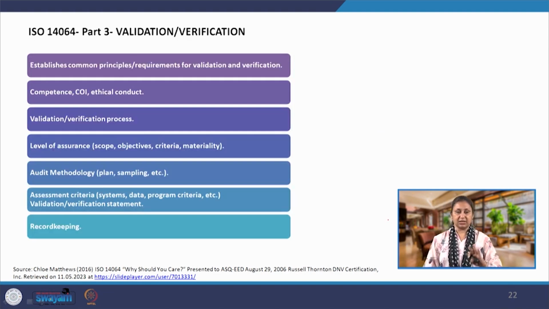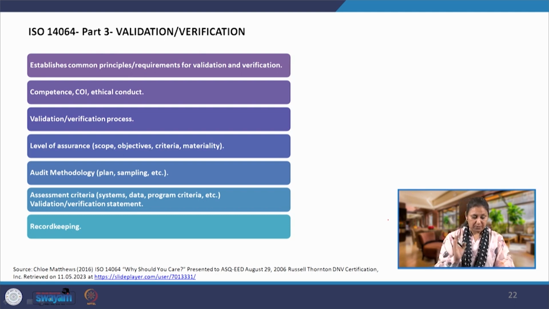Part 3, as I said, is about validation and verification, which is an important part. We have to establish the common principles, the ethical conduct, and then go about the validation and verification process. So, whether the third party has to come in. If you look at green buildings, how much energy has been reduced, the company is not authorized to say; it can only share the data, and some third party verifier will come into the picture and say that okay, this much energy has been saved, or this much reduction has actually happened.